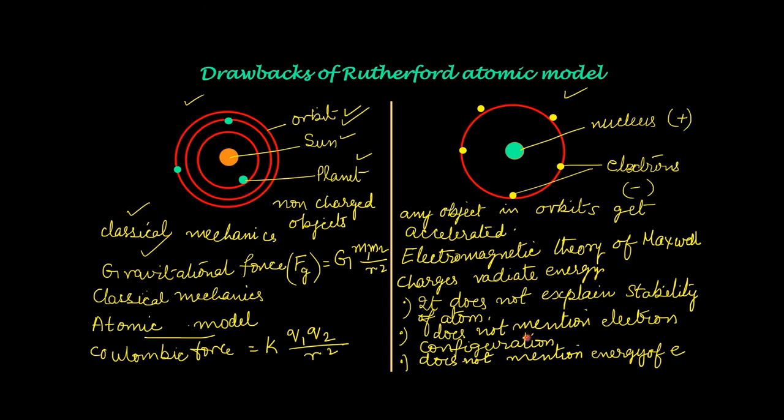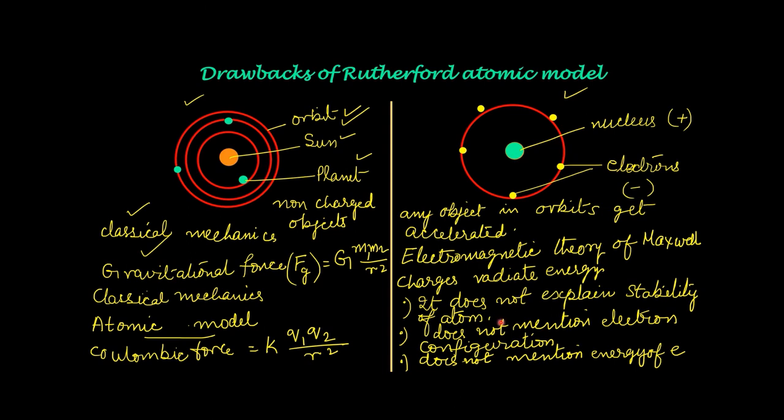I would like to mention one more point before we wind up this topic. The model could not explain the stability of the atom because he said that electrons are not stationary, they are moving around the nucleus. For argument's sake, if we consider that the electrons are stationary and not moving, even then it cannot explain the stability of the atom, because if they were stationary, the electrostatic force of attraction between the nucleus and the electron would attract the electron towards the nucleus and cause it to collide with the nucleus, causing instability of the atom.